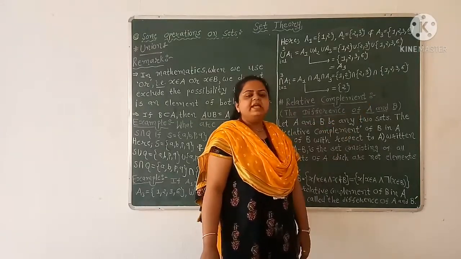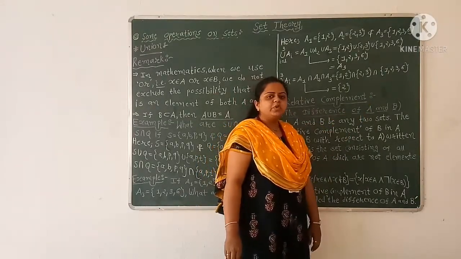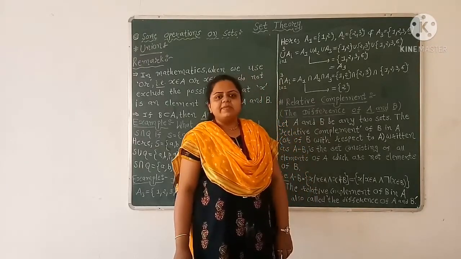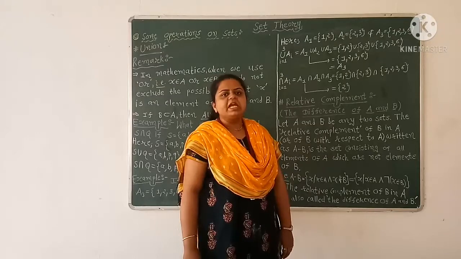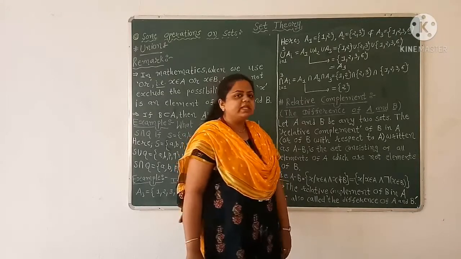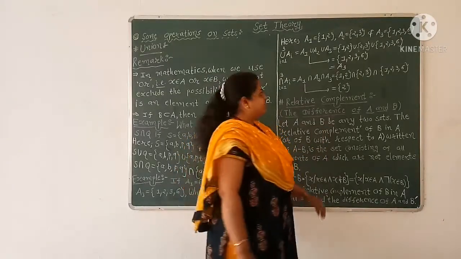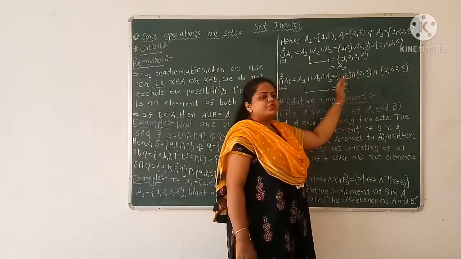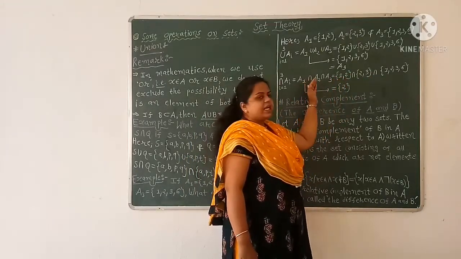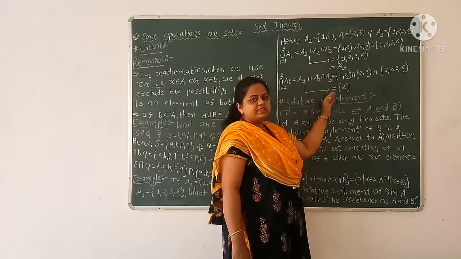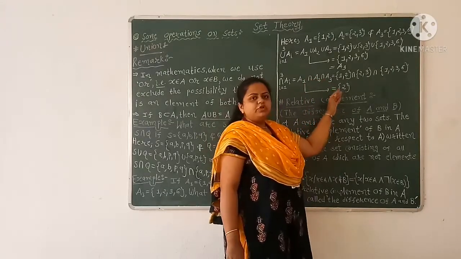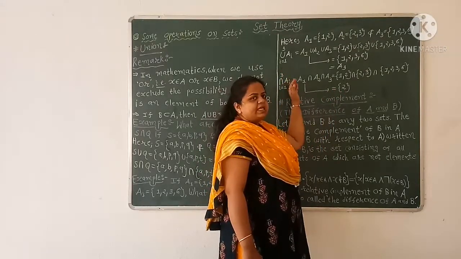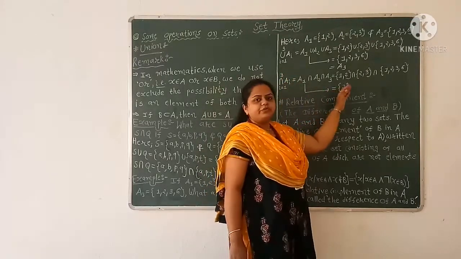And we know that A1 intersection A2 intersection A3 is equal to the set of elements which are common between A1, A2 and A3, and here we see that 2 is common in A1, A2 and A3. So A1 intersection A2 intersection A3 is equal to set of 2. So intersection i equal to 1 to 3 Ai is equal to set of 2.